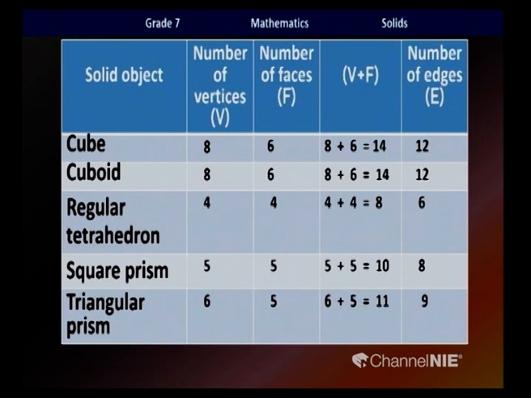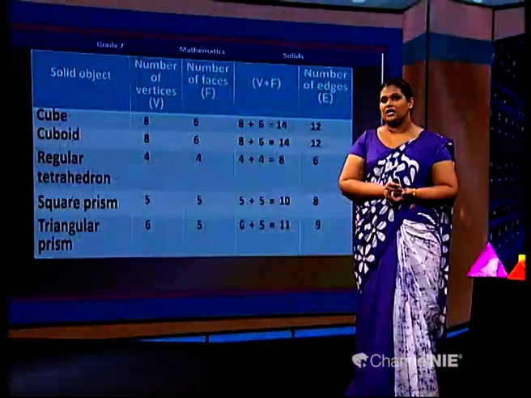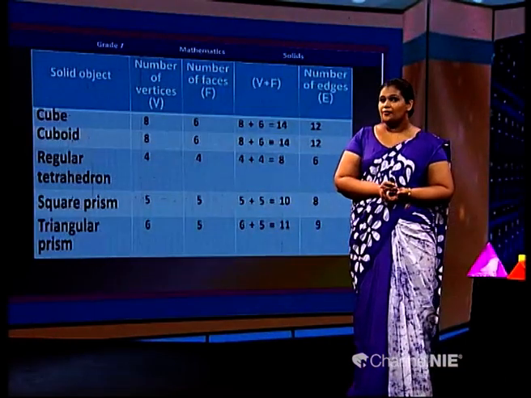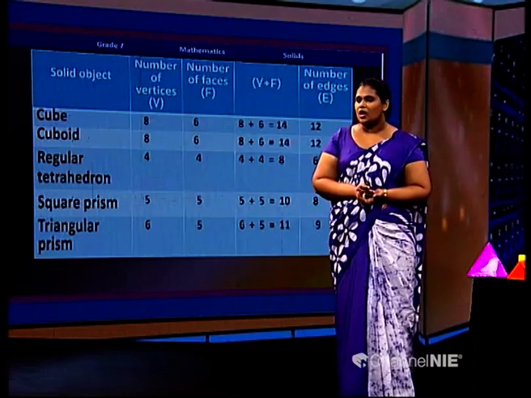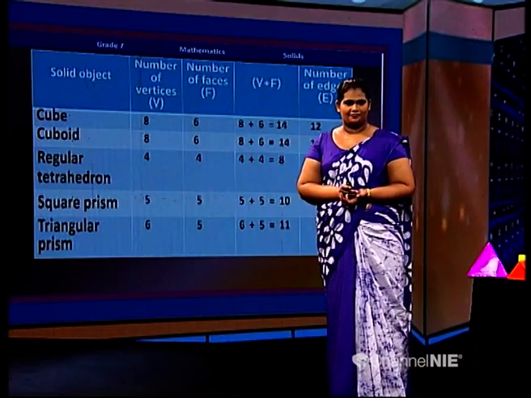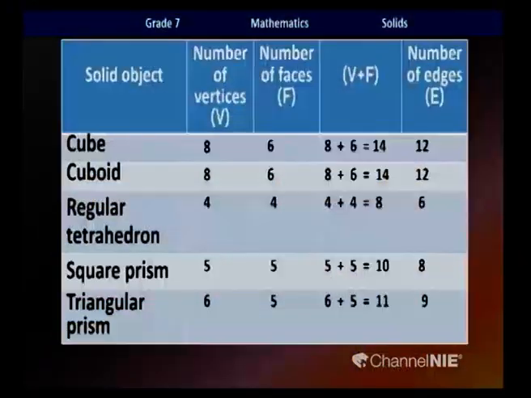Therefore, the addition is equal to 10. In the triangular prism, the number of vertices is 6, the number of faces is 5 and the addition is 11. Now, I am going to compare the answers in column 4 with the number of edges of each and every solid. Right, we will compare.